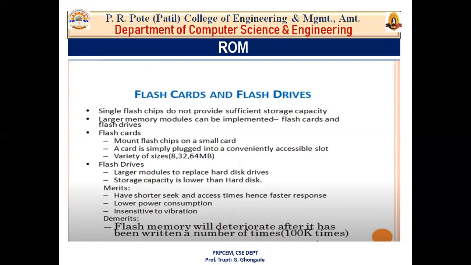That is also a way of implementing larger memory. Here are larger modules to replace hard disk drives. A flash drive is actually used to emulate hard disk drives, but it is not possible to that extent because the storage capacity is lower than hard disks.